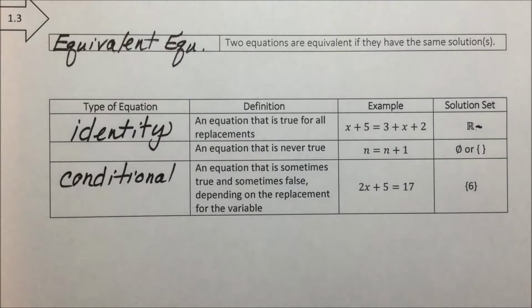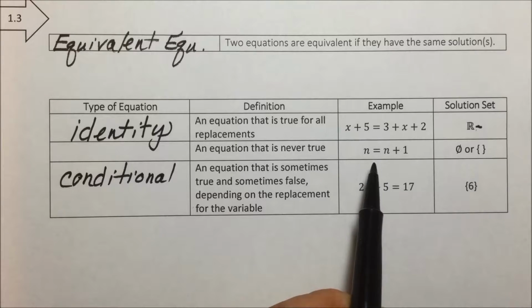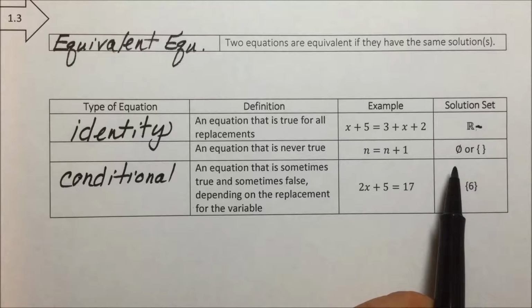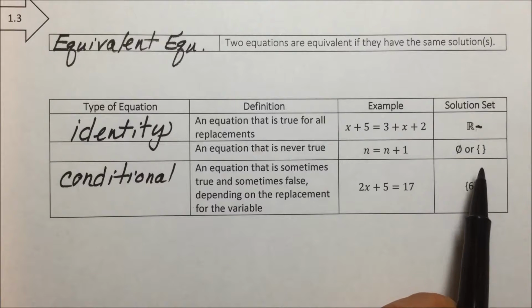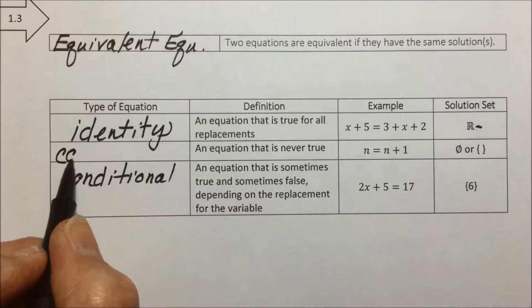The third possibility is an equation that is never true. There is no number known such that we can set it equal to itself plus 1. So the solution set, the empty set designated this way or this way, is known as a contradiction.